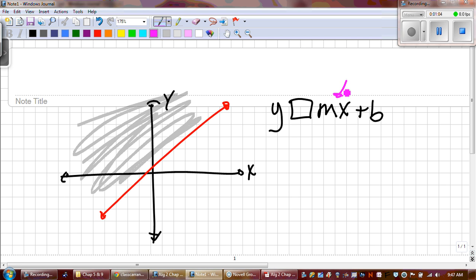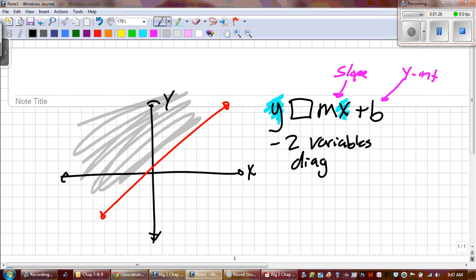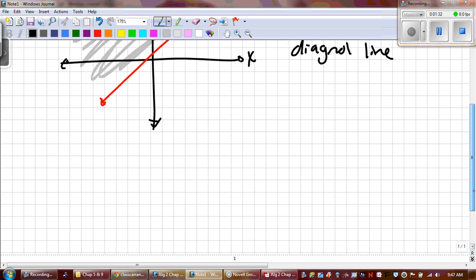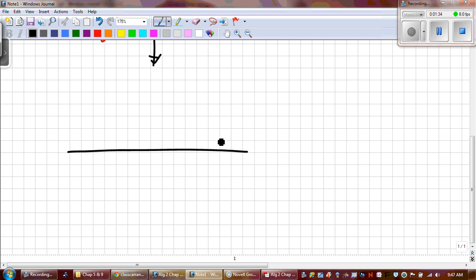Remember that m is your slope, b is your y-intercept, and then our two variables were y and x, okay? So when we have two variables, we had a diagonal line, okay?